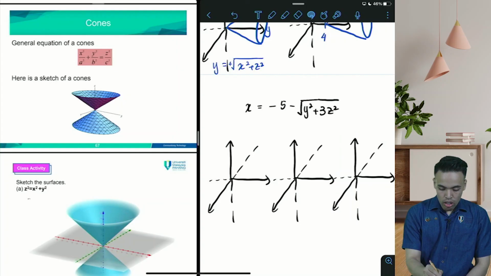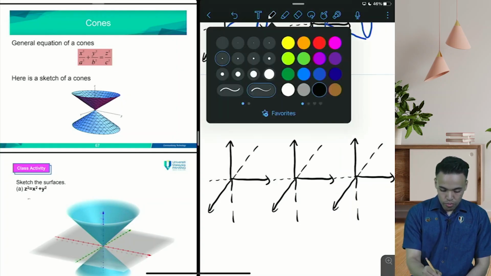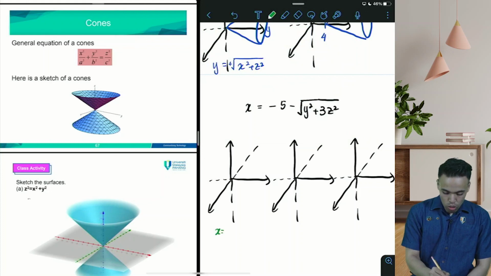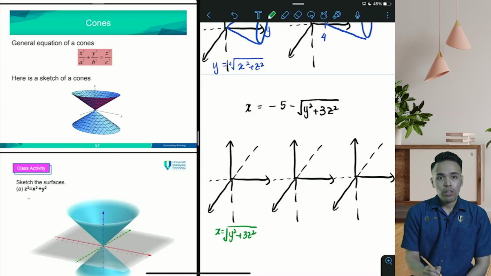Right. So for this question, x is equal to positive square root of y squared plus 3z squared is given by this question.